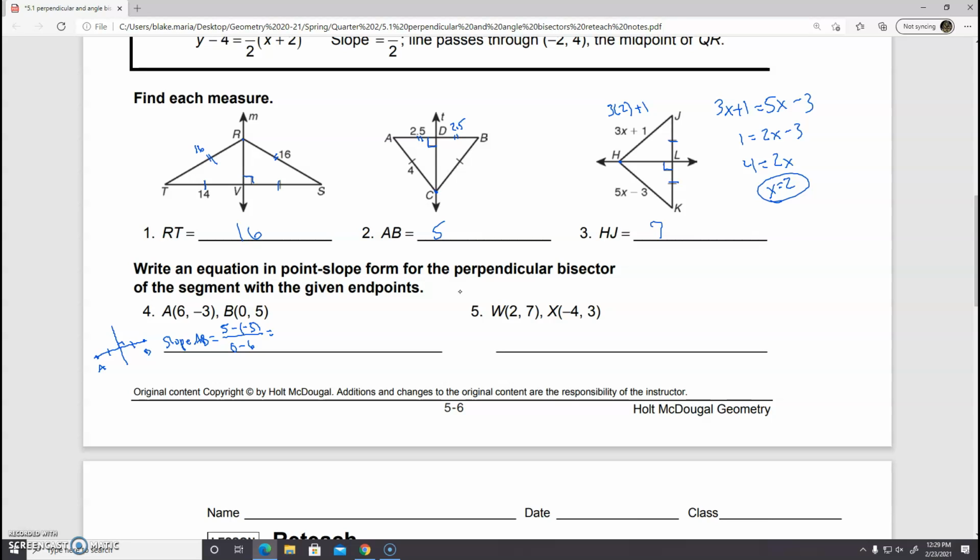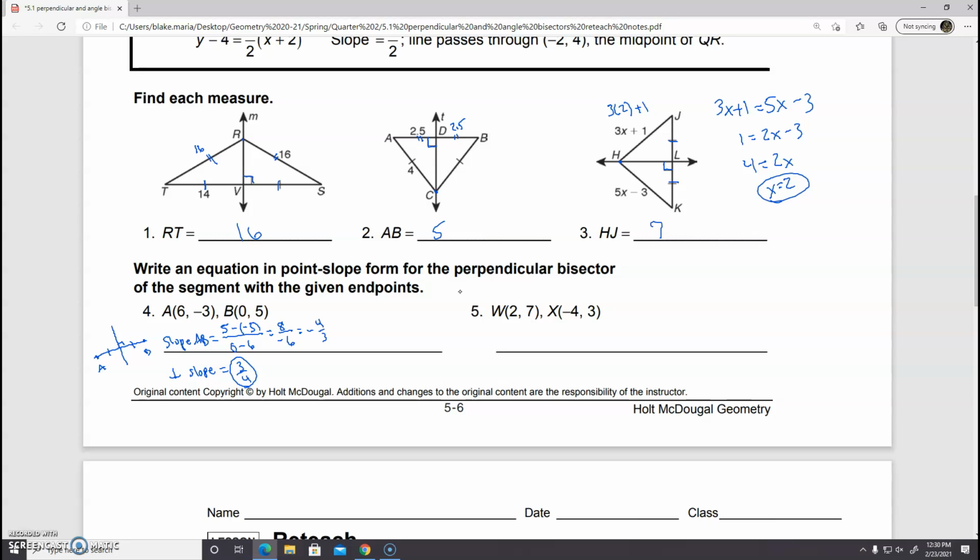So here we have 8 over -6, which simplifies down to -4 thirds. And they're both divisible by 2. Now be careful. We want the perpendicular slope. So the perpendicular slope, negative becomes positive, and 4 thirds, flip it, becomes 3/4.